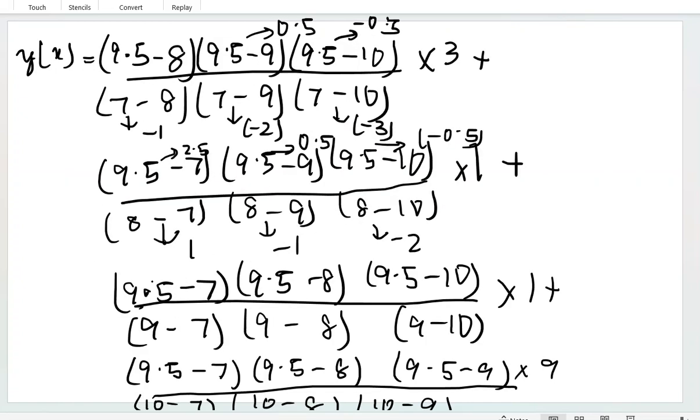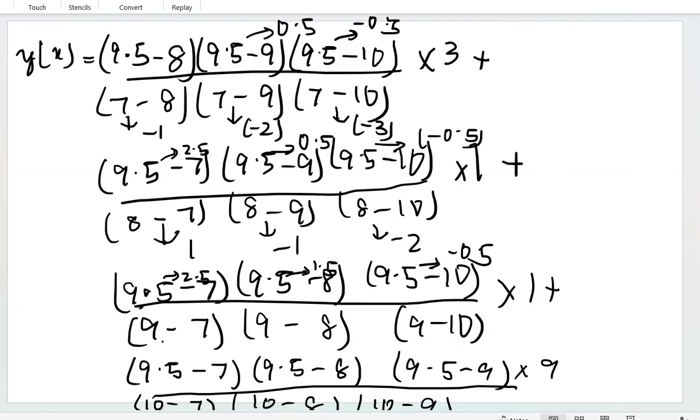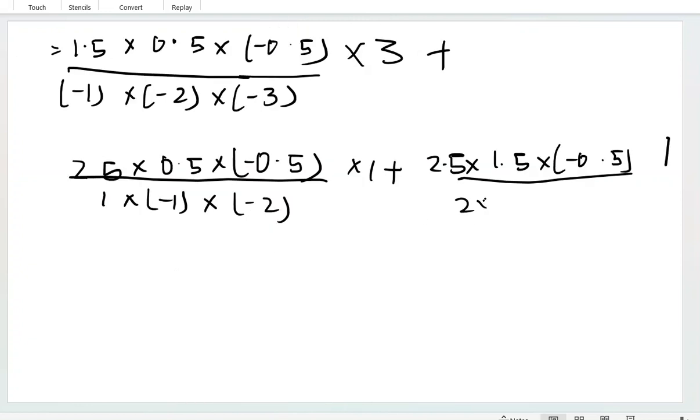So 2.5, 1.5, minus 0.5 upon down will be 2, 1, minus 1.